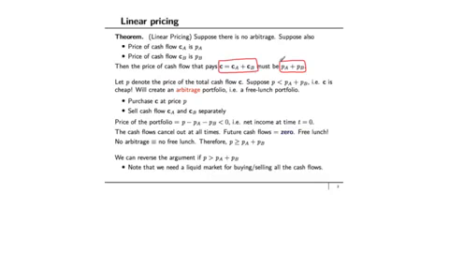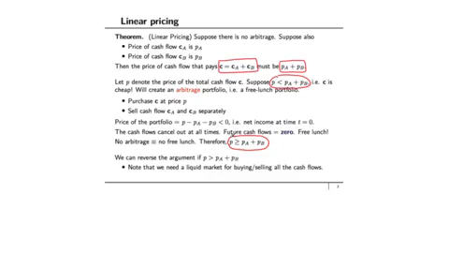No arbitrage in the market means there is no free lunch, and therefore the initial assumption that I had that P is less than or equal to PA plus PB is going to be false, which means that P must be greater than or equal to PA plus PB. We can reverse the argument if P is strictly greater than PA plus PB. What both of these results together show you is that the price P must be exactly equal to PA plus PB.